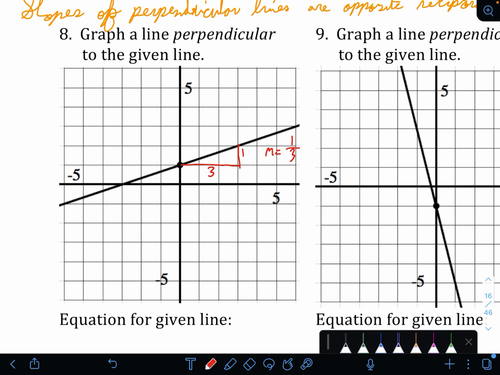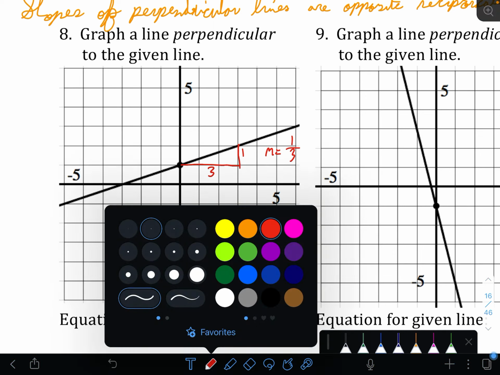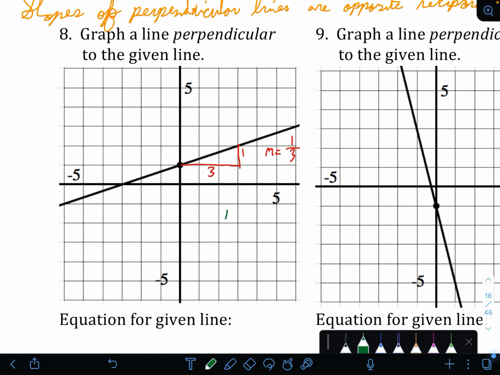That tells me that the slope of my perpendicular line, I'm going to make that my green one, is equal to negative 3 over 1. Okay? It's a reciprocal, it's flipped, and it's got a negative where this one was positive. If this was negative, this would be positive. But since this was positive, that's negative.